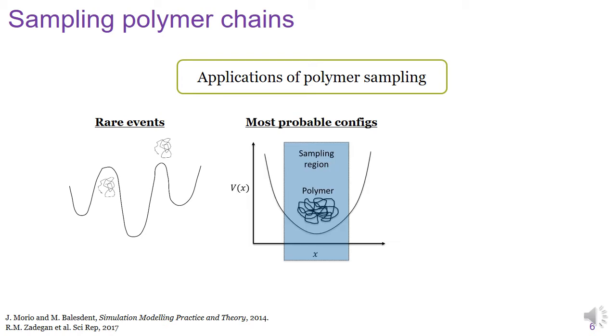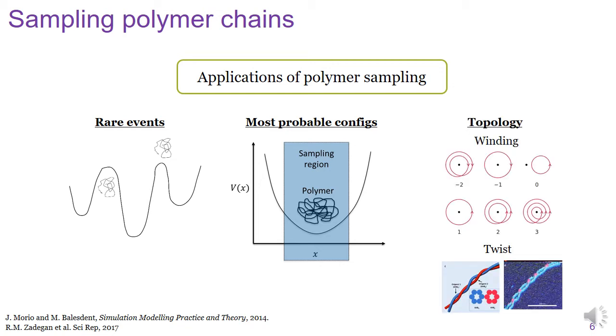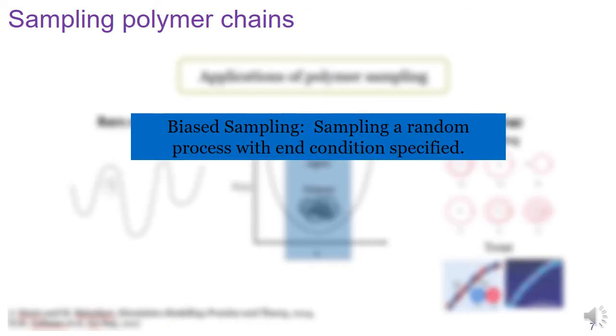Another application is a polymer in an external field, where one is interested in the most probable configuration. Lastly, for polymer conformation, one study focuses on their topology. All these simulations can be described as sampling a random process with end conditions specified.